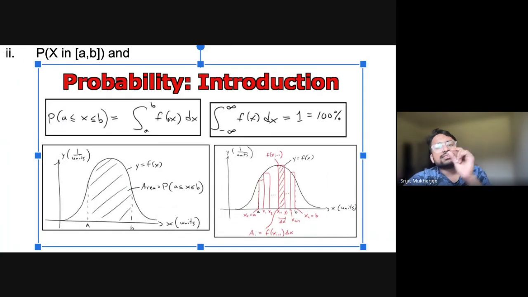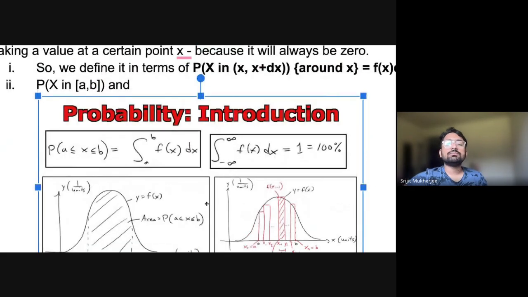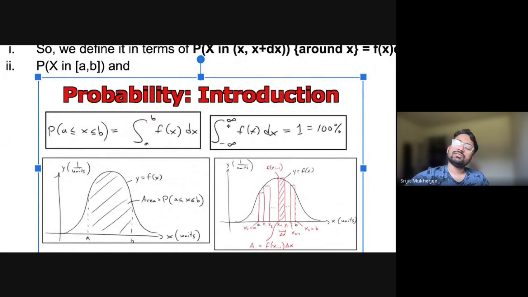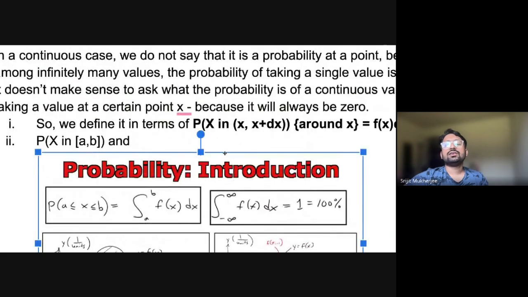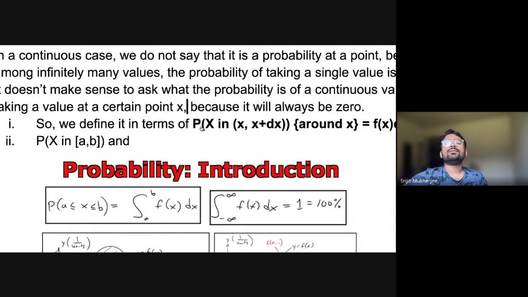As I said, f of x dx is the probability of taking values around x, so we change x from a to b and integrate. And of course, since it's a real number, integrating over minus infinity to infinity turns out to be 1. So this is all about random variables.